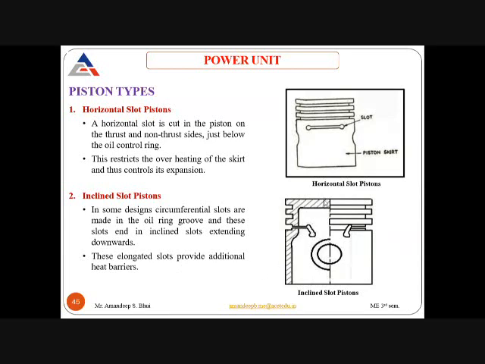The heat from the top of the piston does not move toward the skirt side of the piston. When this empty space comes in, heat does not flow through this slot and does not go down toward the piston skirt. So again, these inclined slots act as a thermal barrier.